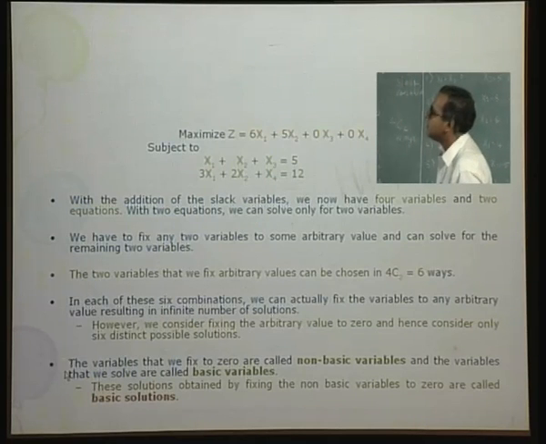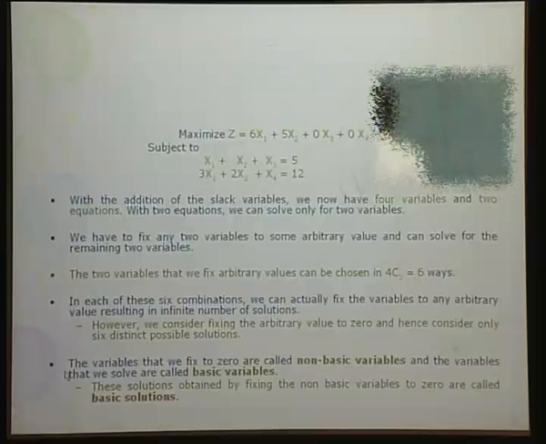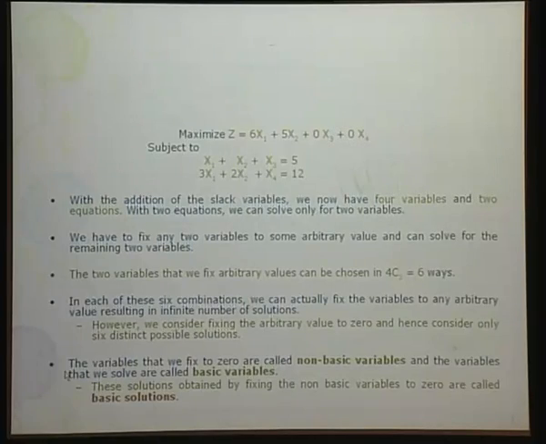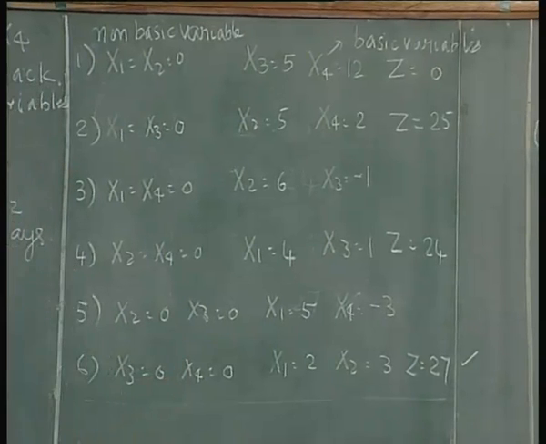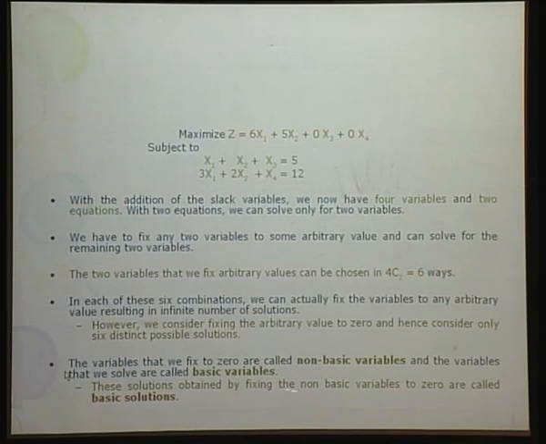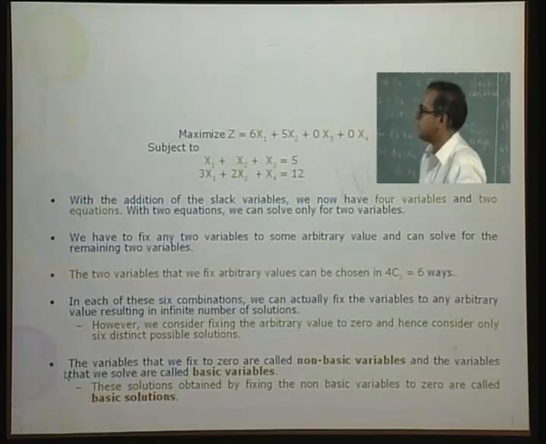The variables that are fixed to 0 are called non-basic, and those variables that we solve for are called basic variables. Solutions obtained by fixing the non-basic variables to 0 are called basic solutions.